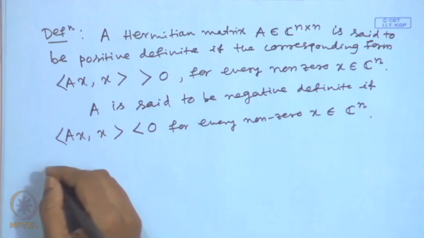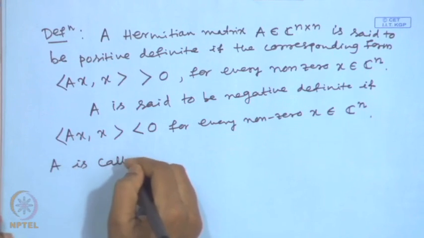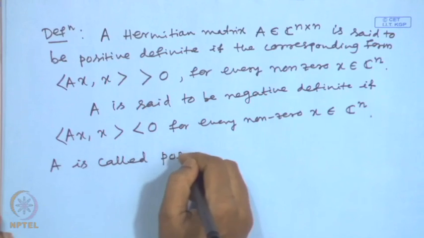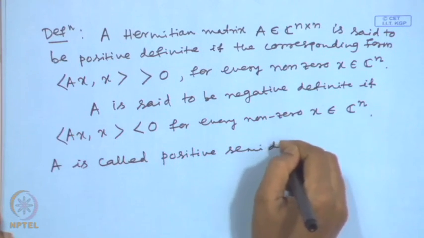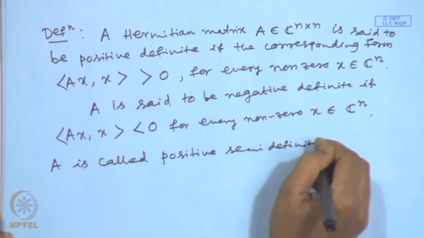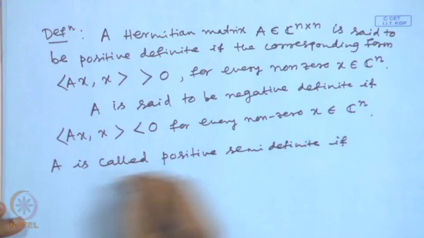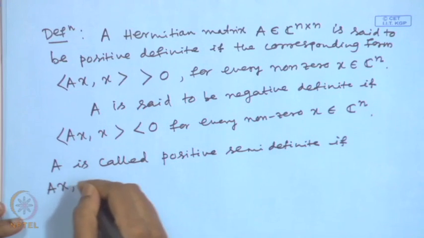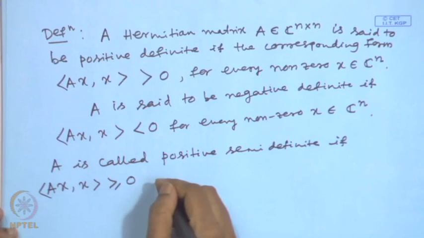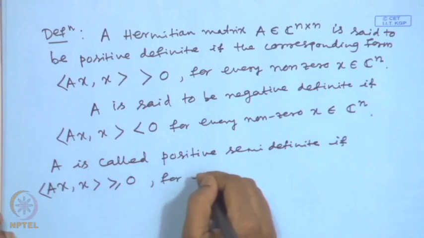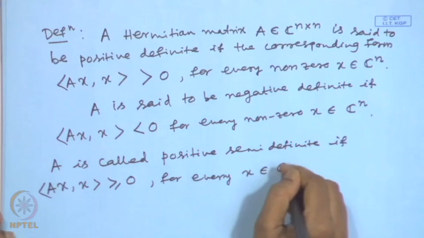So, this A is called positive semi-definite if the corresponding form Ax, x is greater than or equal to 0 for every x in C n.